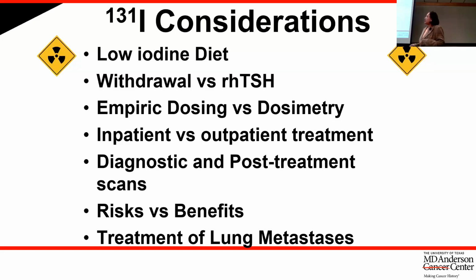Then we also talk about risks versus benefits. This discussion is important, particularly for young women who are planning to have more kids, and even young men for that matter, because if you are planning to conceive, you have to be careful for the first 12 months. And if you do need radioactive iodine, you have to use birth control methods so you don't conceive in the 12 months following radioactive iodine.